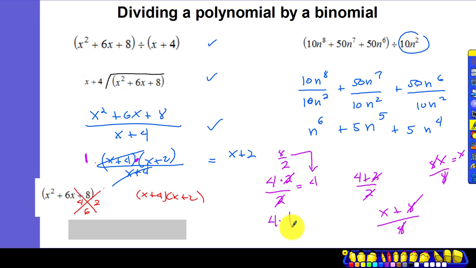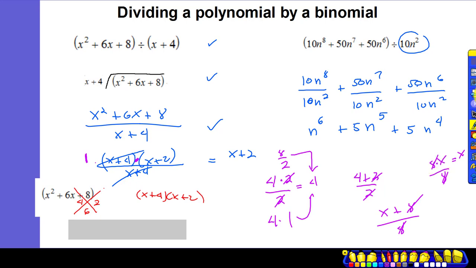And 4 times 1 will be equal to 4. Alright? So this is very, very important. I don't want you to cancel right away when you notice that you have the same expression on top and bottom. No, please don't do that. Just make sure first that the one that you're going to cancel is being multiplied with another expression before you can cancel.